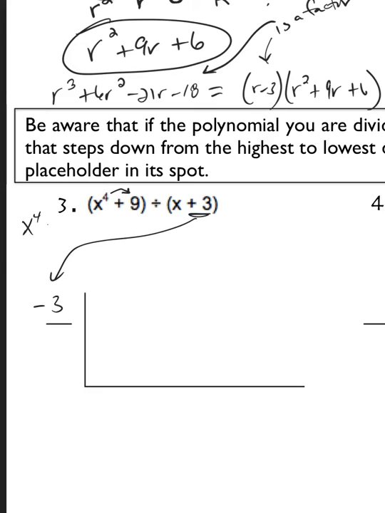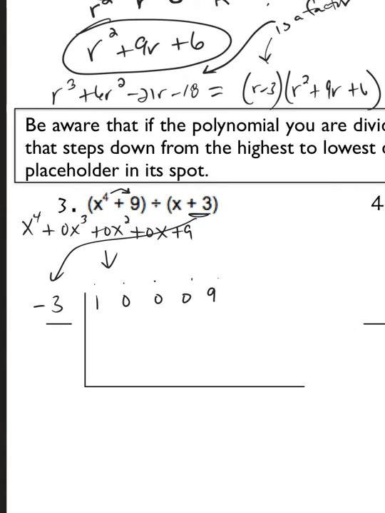X to the 4th plus 0x cubed plus 0x squared plus 0x plus 9 is basically the way to write that out if you want to know what you should be bringing down to put down here, because you can't just go right from a 4th degree all the way down to a 9 without putting placeholders in for all of the degrees as they step down. So this would look like 1, 0, 0, 0, 9. 4th power, 3rd power, 2nd power, 1st power, constant.